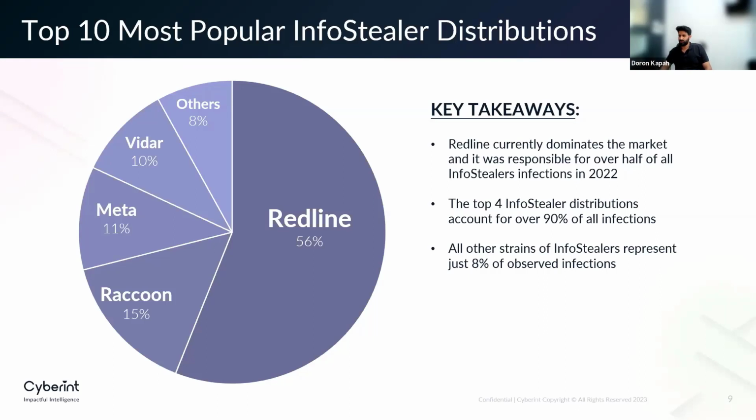Vidar and a bunch of other InfoStealers are operating in the market. The top 4 account for over 90% of all infections, and Redline dominates them all. Any questions regarding that?